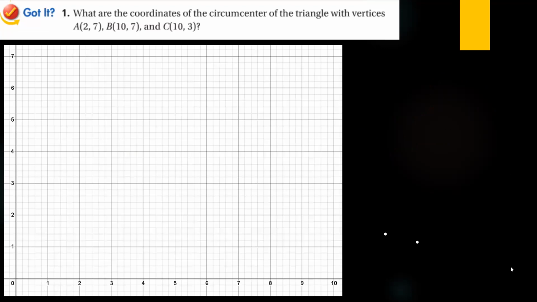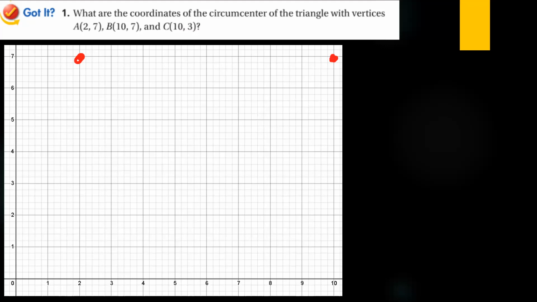Here. What are the coordinates of the circumcenter of a triangle with vertices 2, 7, 10, 7, and 10, 3? So the first point is 2, 7, and it's here. And 10, 7.